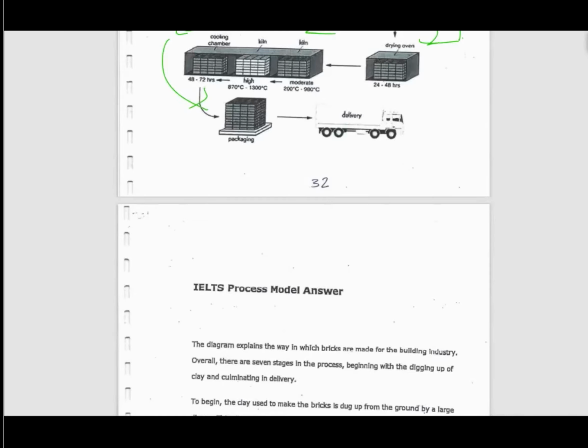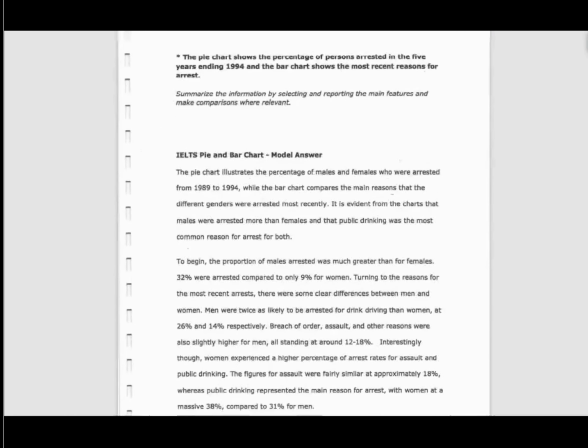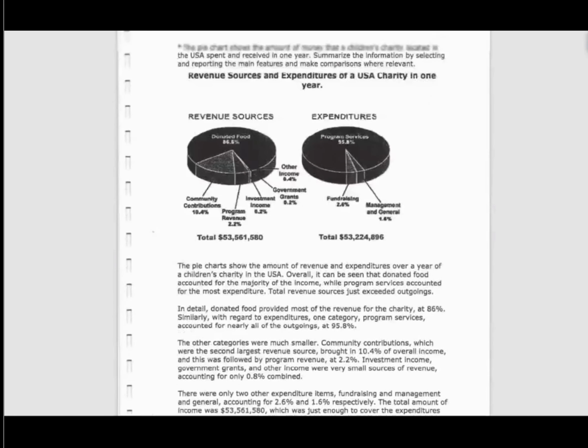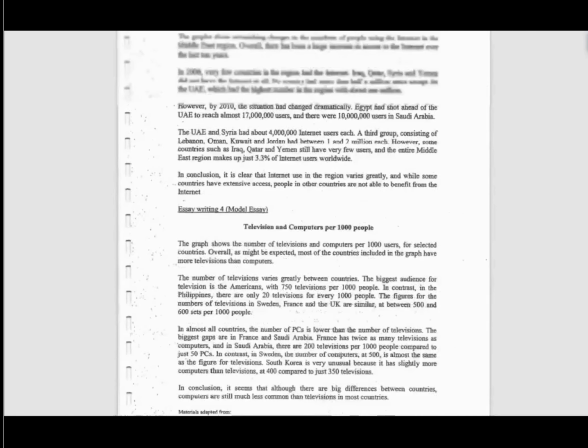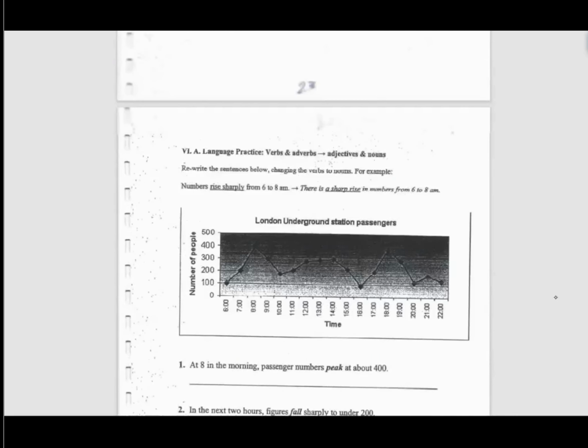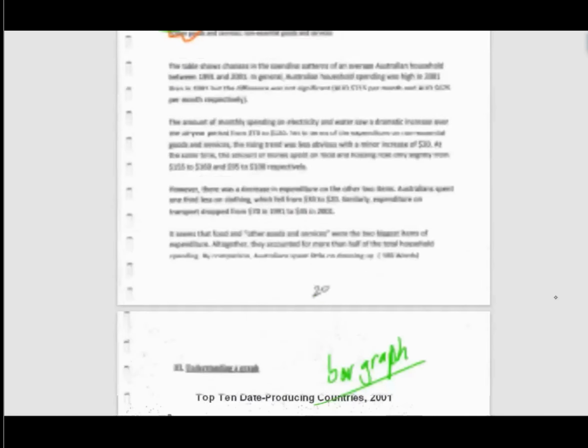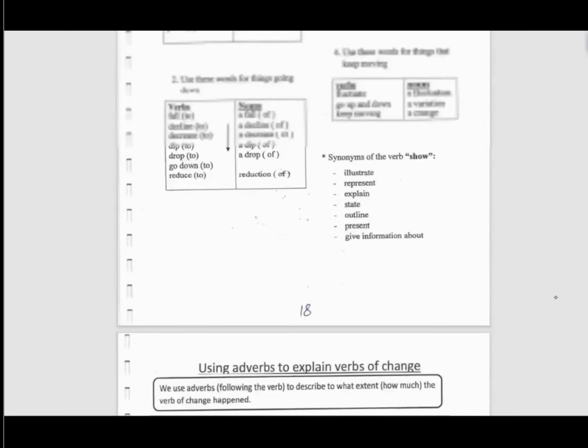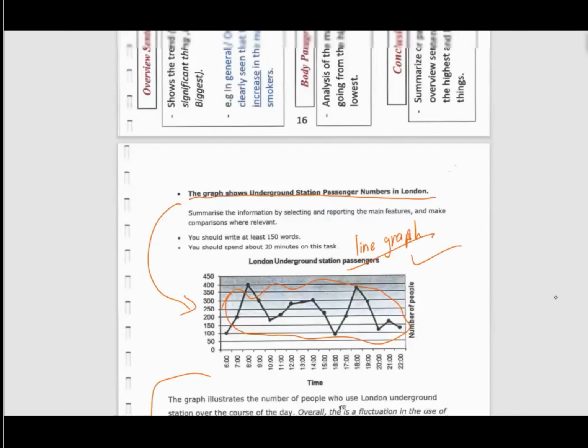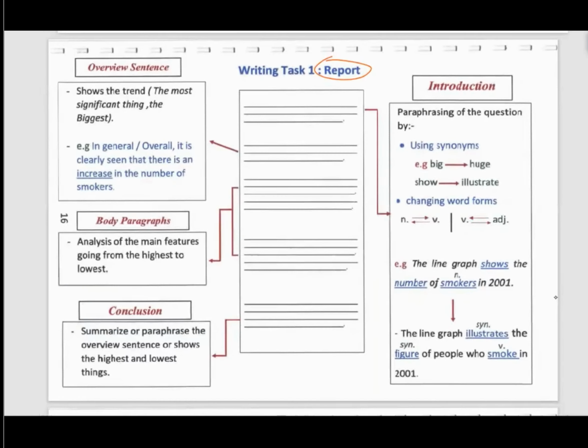So expect one of these types in task 1 in the exam. The structure is very, very similar. I mean, in how to organize the information, it's very similar.